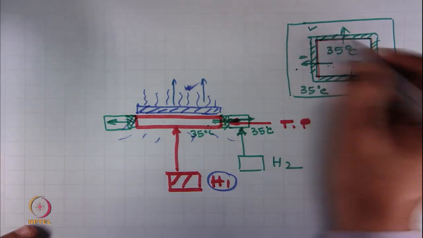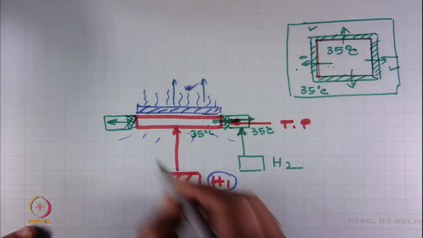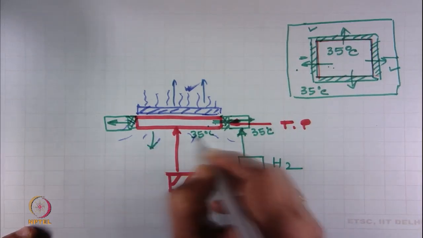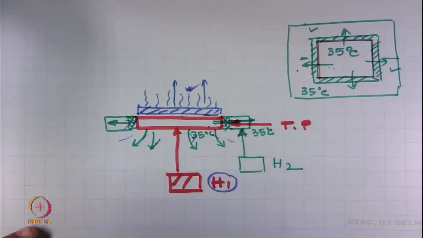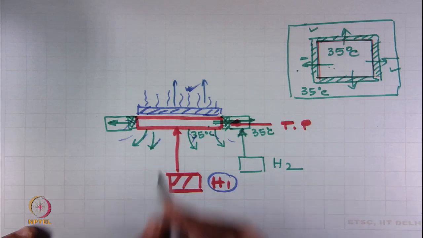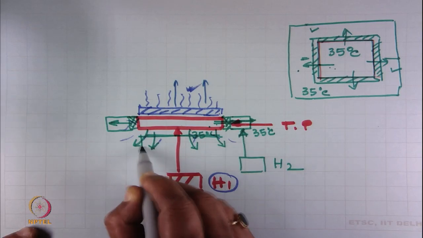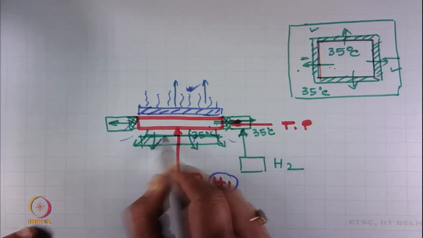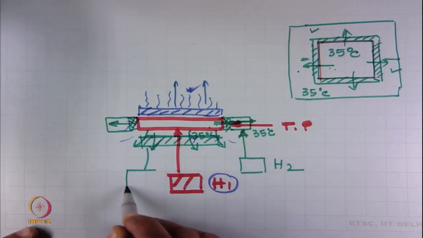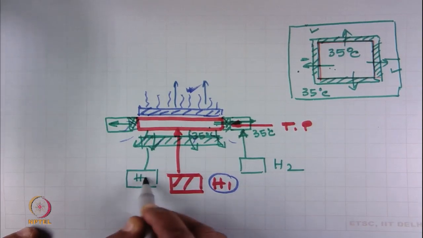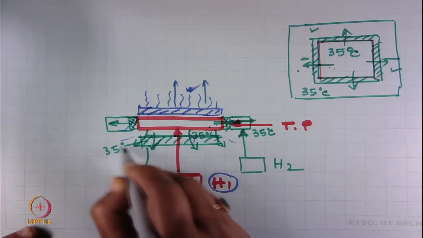So, we have blocked the sideway transmission, then another side which is creating a problem here, heat can flow to the bottom side also. So, here what we do, we provide another plate which is called the bottom plate, and which is again heated with another heater, H3, to maintain the same temperature, 35 degree Celsius.